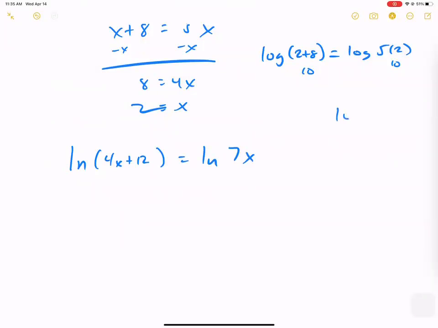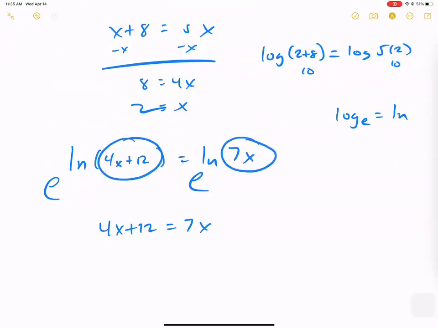So hopefully you remember natural log is really log base e. That's what natural log is. So if I put an e to both sides, we're left with 4x plus 12 equals 7x. Or if you want to use our, hey, aren't the logs equal to each other? So shouldn't the insides be equal to each other? So we could just say, hey, the identity is 4x plus 12 is equal to 7x.